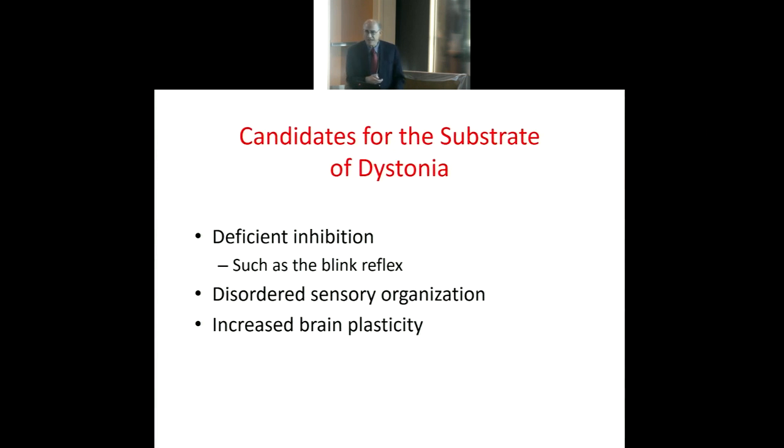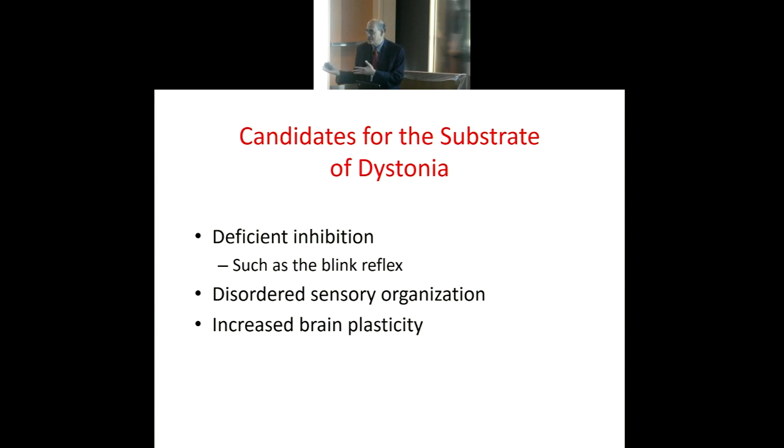One of the more important ones is that there's a loss of inhibition. So in the nervous system, there is facilitation and inhibition, and there's a balance. That is, there's a promotion of activity in certain structures and an inhibition of function in certain structures. They have to be balanced.